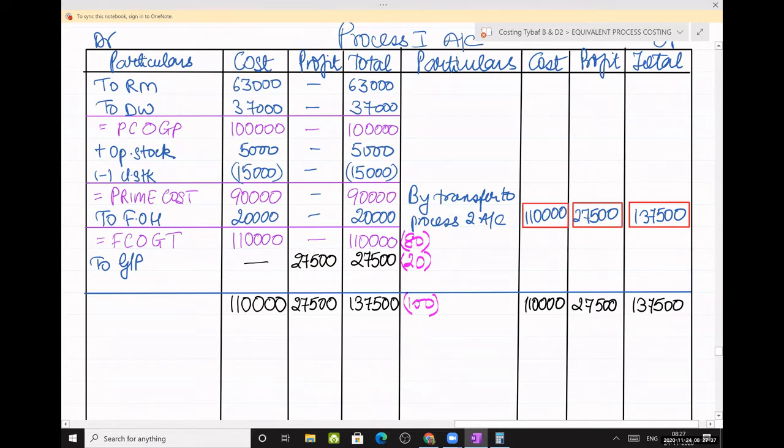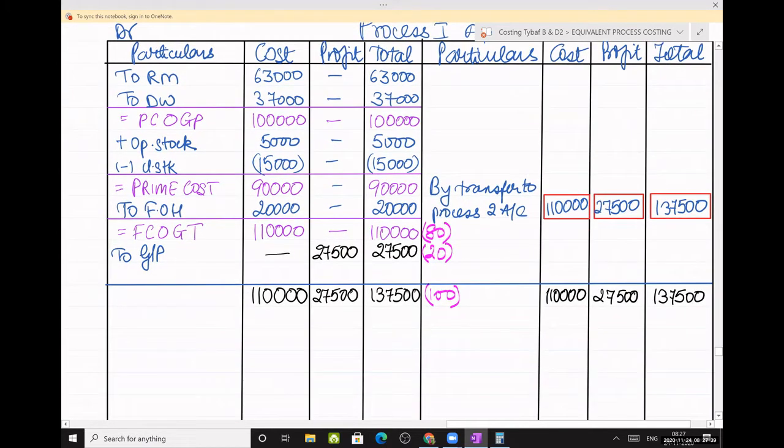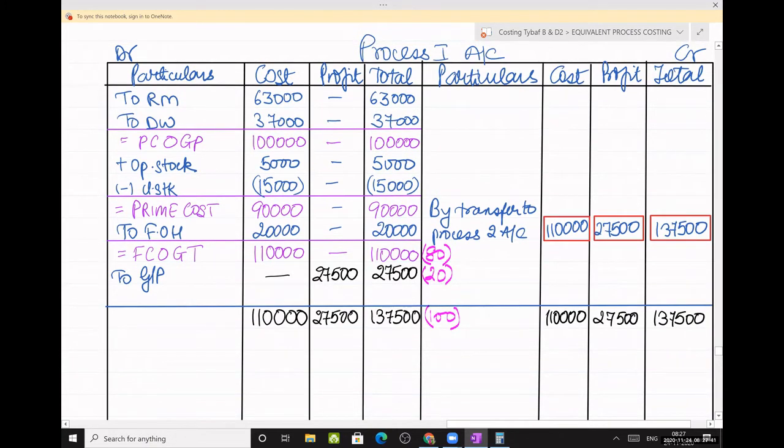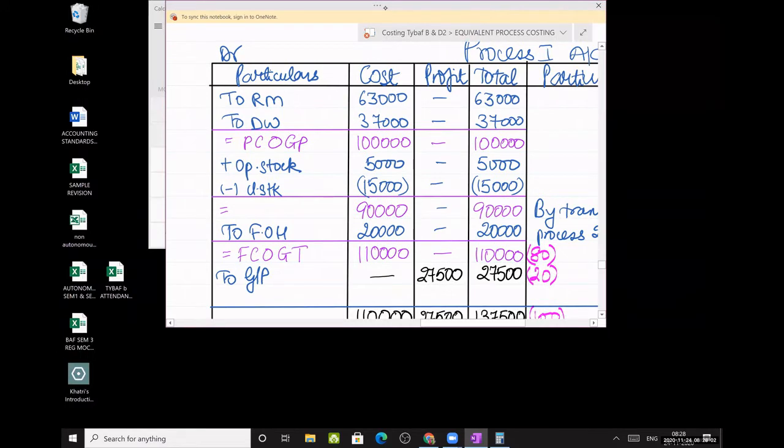Factory overheads is 20. So 90 plus 20 is 1 lakh 10. Factory cost of goods transfer is FCOGS, factory cost of goods transfer. You can even be more specific here. Wait, I'll tell you. You can be more specific.